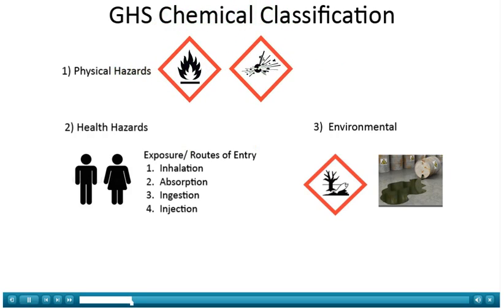Think of this as any hazardous chemical, substance or mixture, capable of causing physiological harm to a person, whereby an exposure, inhalation, absorption, ingestion or injection to such hazardous chemicals can result in some harm occurring to the body. Number 3, environmental hazard, which under the GHS means any hazardous chemical that if spilled or released into a waterway would be toxic to aquatic life.